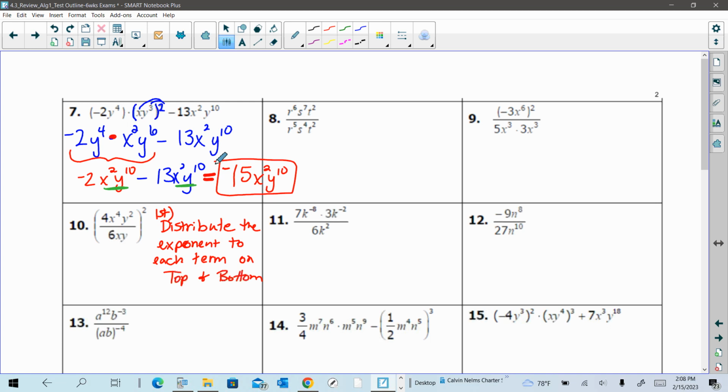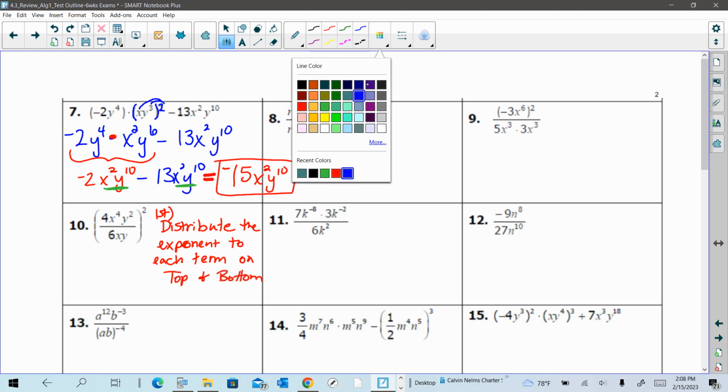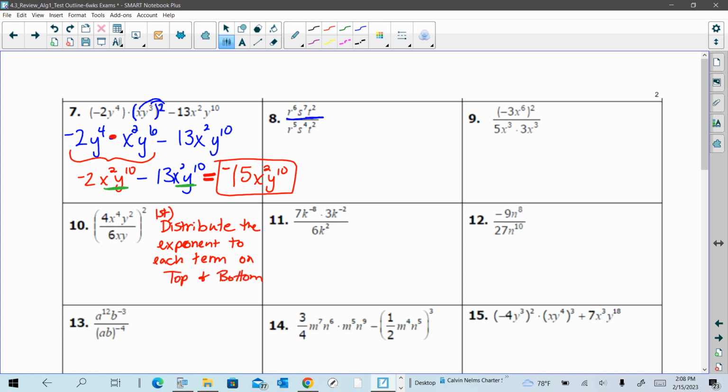For number 8, because I see this fraction or division bar right here, we should use the quotient rule. Quotient rule requires us to subtract the exponents. I don't think I have the answer there. So here, this would have resulted in r to the 1st power, but I don't have to, because 6 minus 5 is 1.